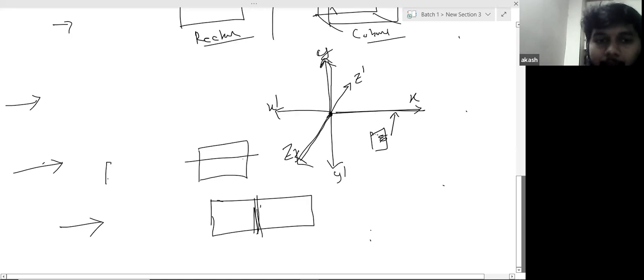Your friend comes and cuts it like this. Now another friend comes and cuts it like this.